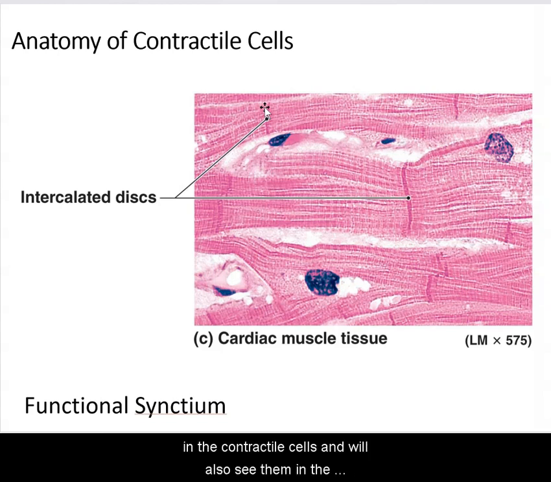But you might remember they were gap junctions. So they allow for the rapid flow of ions from one cell to the next, which is really important because the whole heart works as what's called a functional syncytium. So what that means is that when the heart is going to depolarize and contract, it does it as a unit. The atria will contract and relax together. The ventricles will contract and relax together.